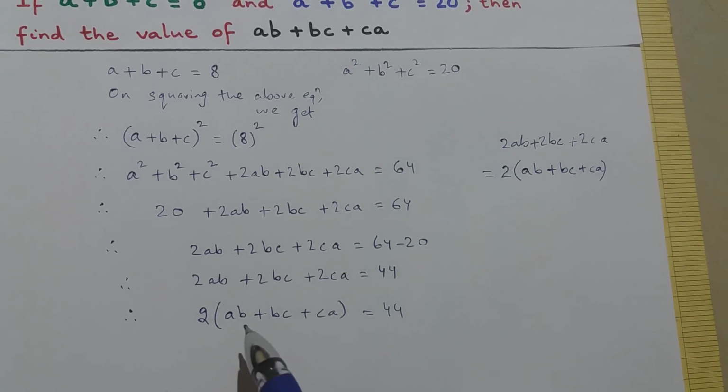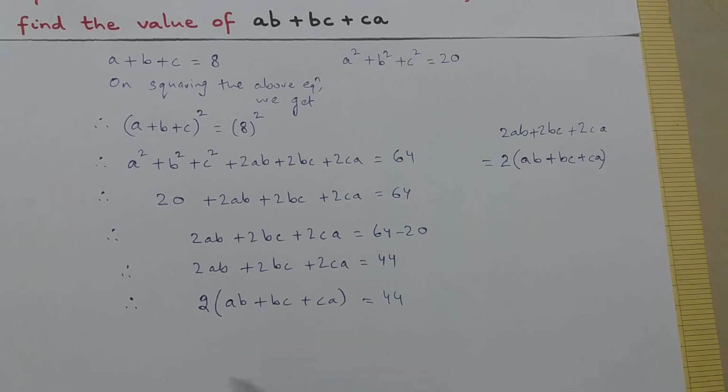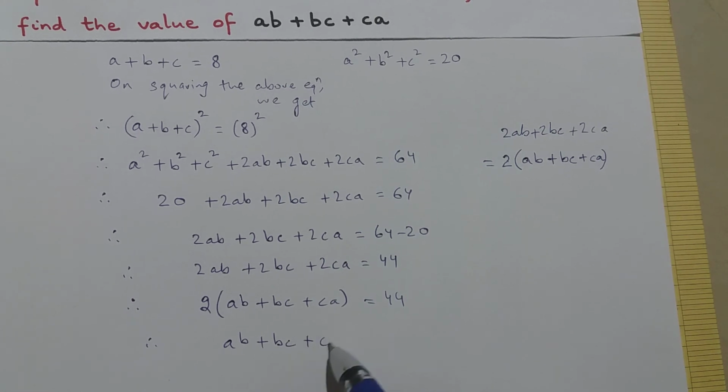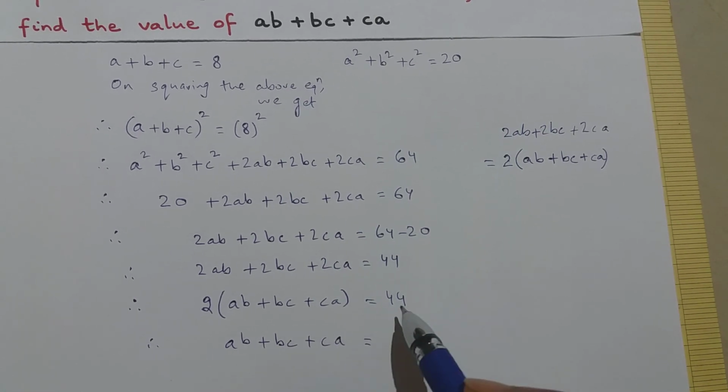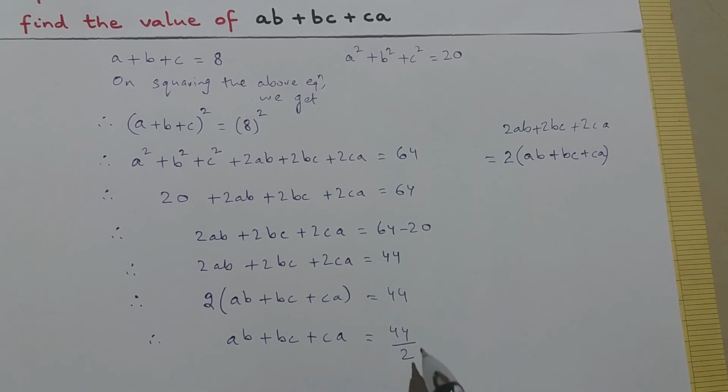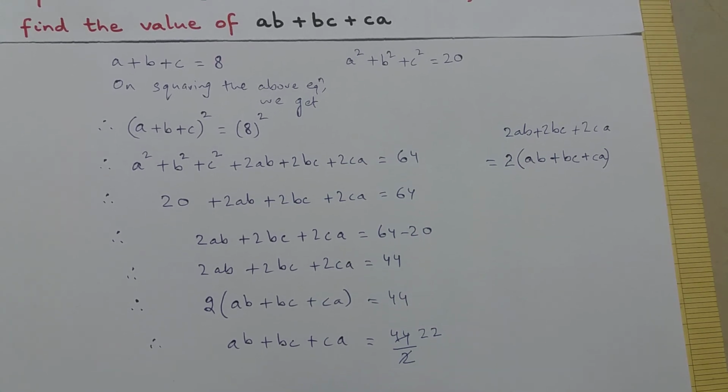So 2 into (ab plus bc plus ca) is equal to 44. From this equation, ab plus bc plus ca is equal to 44 divided by 2, which is 22.